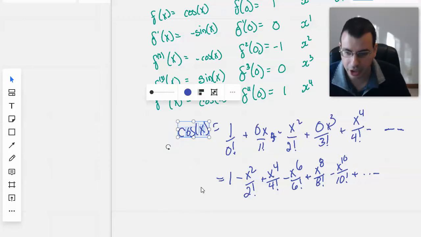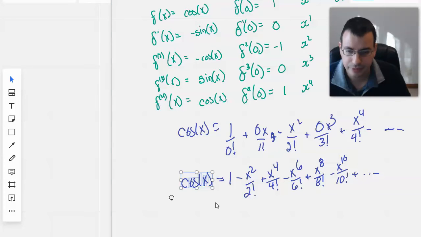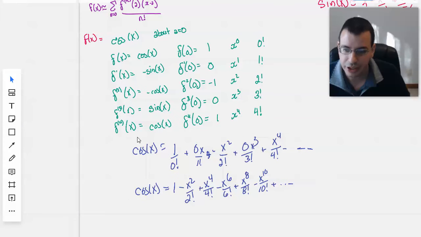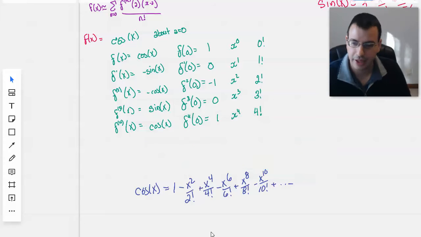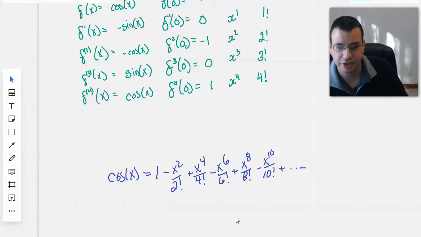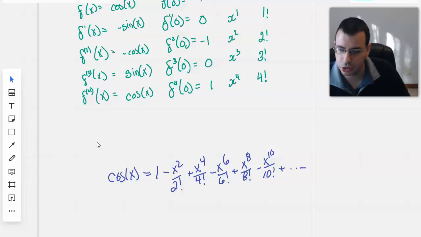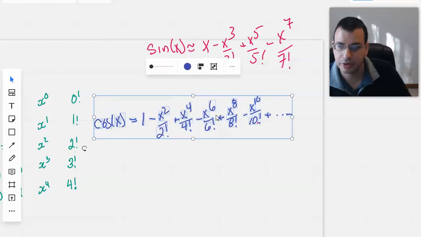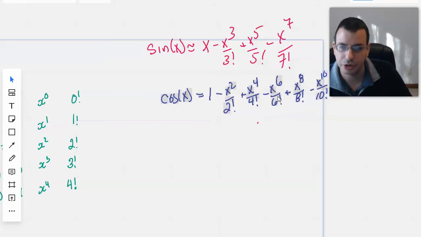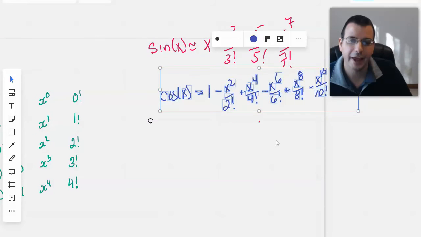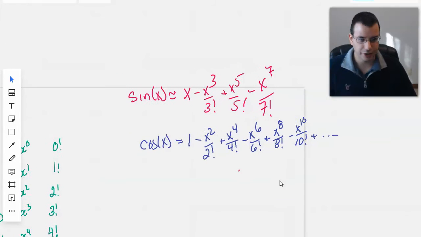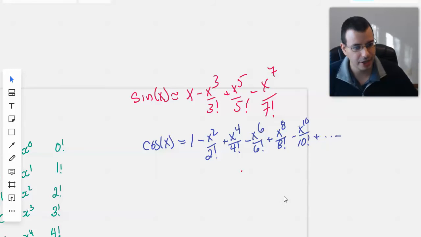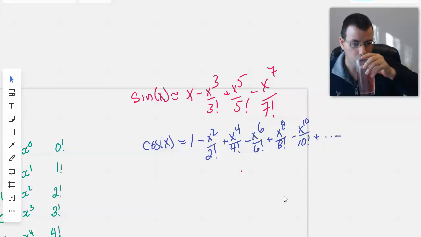Do a copy paste, delete this, delete that. And so for cosine of x, we have very similar to sine of x, except this time, I used more terms. And you can see that this is an even function. If you put in a -1, you'll get the same answer as if you put in a +1, or pi over 2, or pi over 4.